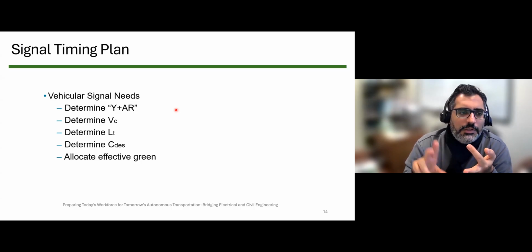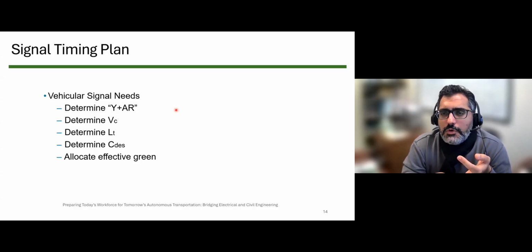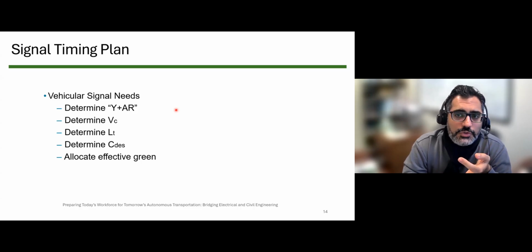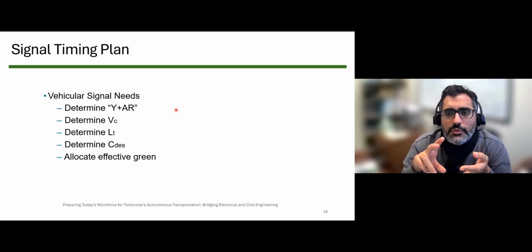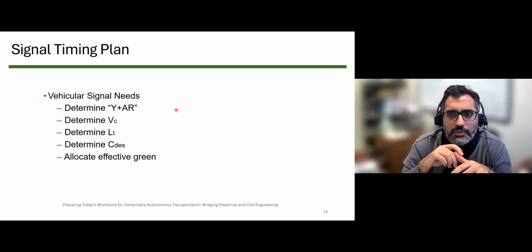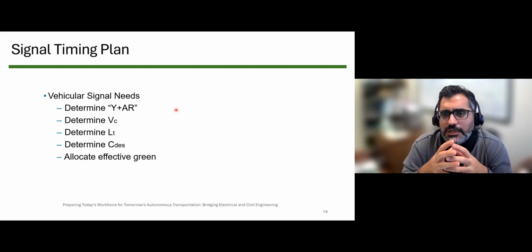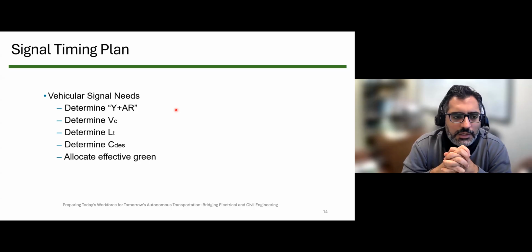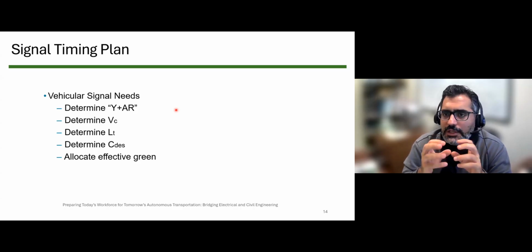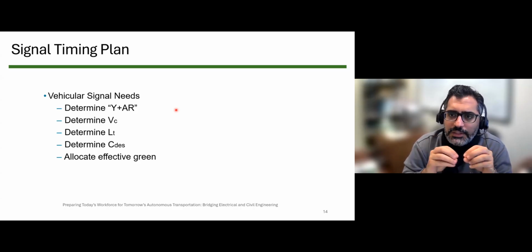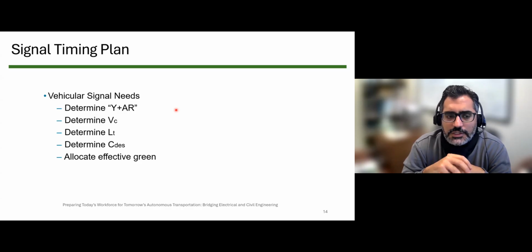I'll talk about them. We will find what is the most critical movement at an intersection on each approach. We'll calculate lost times. We'll determine cycle length. Here is desirable cycle length. We have different types of cycle length. I'll talk about two of them in a few minutes. And we'll allocate the green time to these competing movements at an intersection.